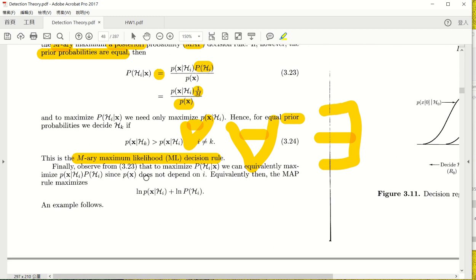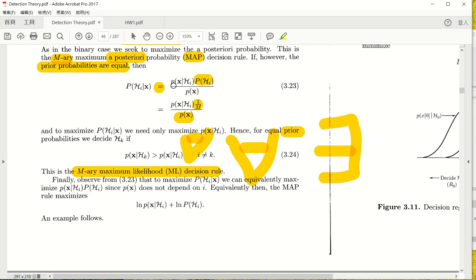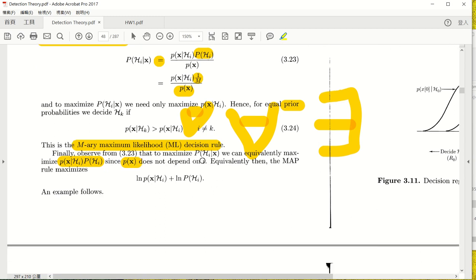So in fact, if you see this, we're in fact maximizing this multiplied by this, which is what we have here. Then P of x does not depend on i, right? That is obvious.